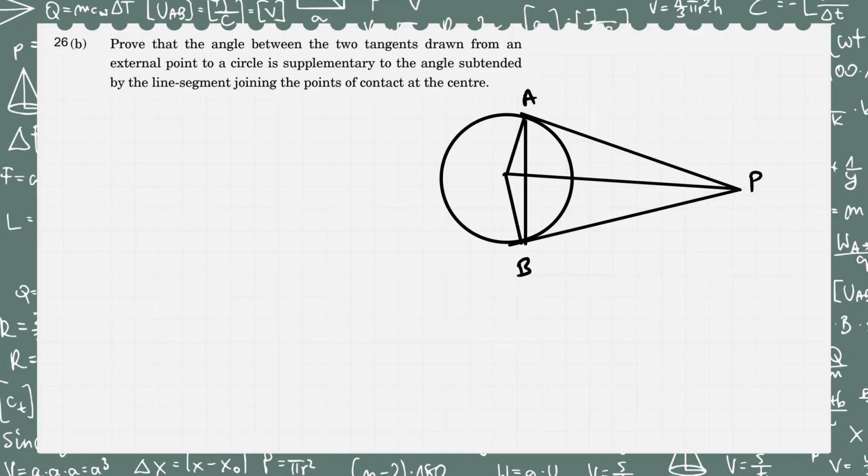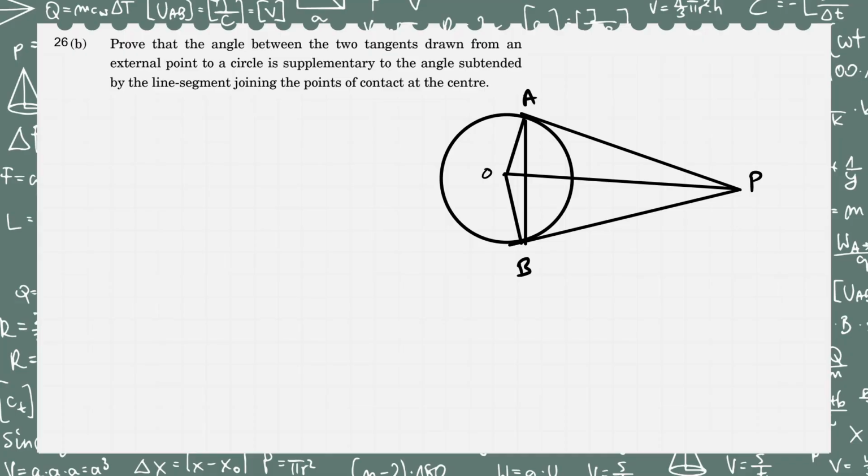If I draw two tangents from an external point of a circle, AP is a tangent and BP is another tangent drawn from the external point P. So the angle between the tangents AP and BP is nothing but angle APB. That should be supplementary to the angle which is subtended at the point O. That is what we need to prove.